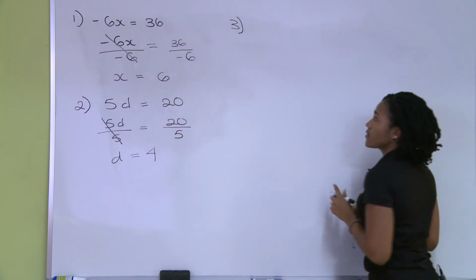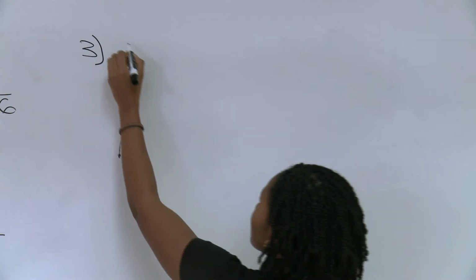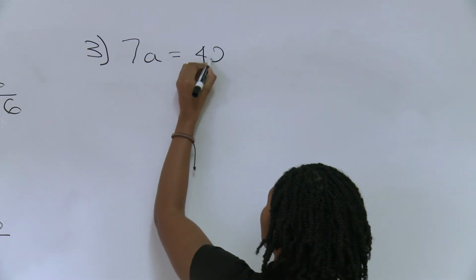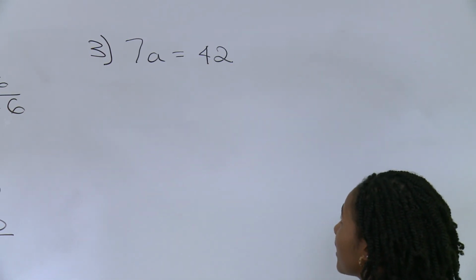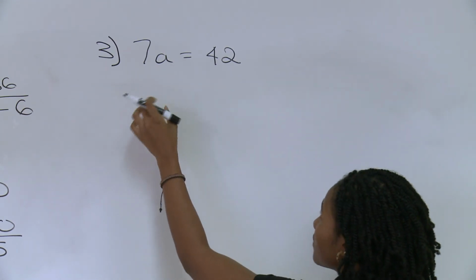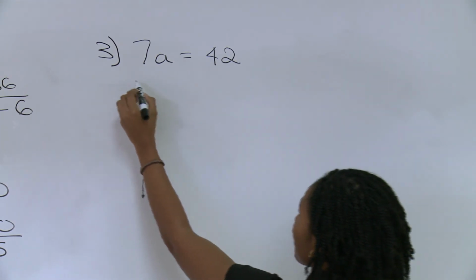For our third example, 7a is equal to 42. Once again, we're going to divide our left-hand side by 7 because we want to solve for a.